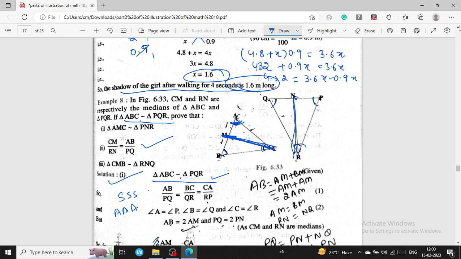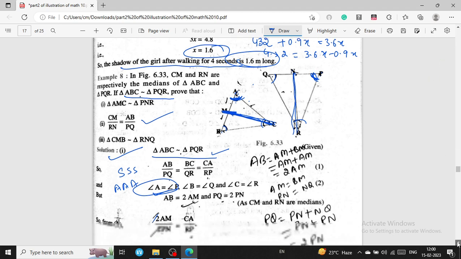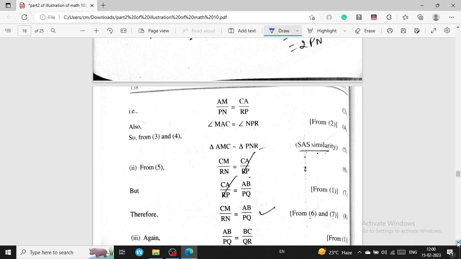Angle MAC is equal to angle NPR, because from the second equation it is proved that angle A is equal to angle P. So that's why we write here these are equal from the second equation, and that is the fourth equation.